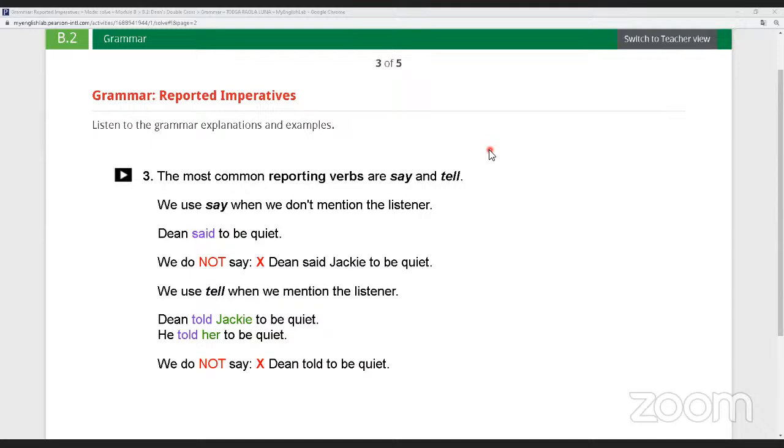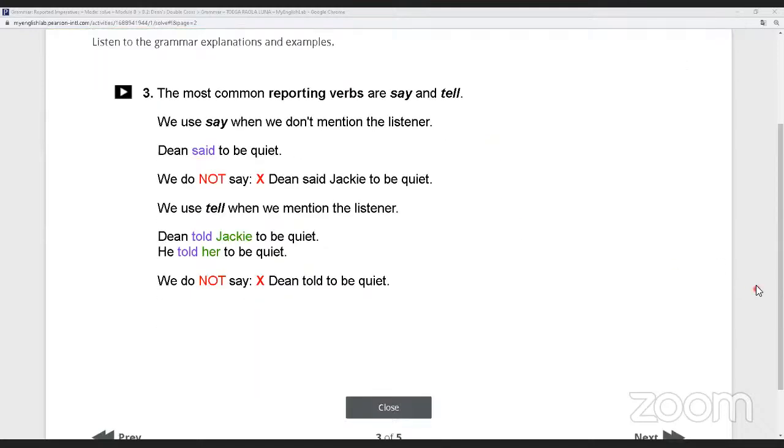Yes. When we use say, we actually don't mention the listener. We know who it is, but we don't mention it. And if you want to mention it, or if it's relevant information, then you're going to use tell. All right, thank you.